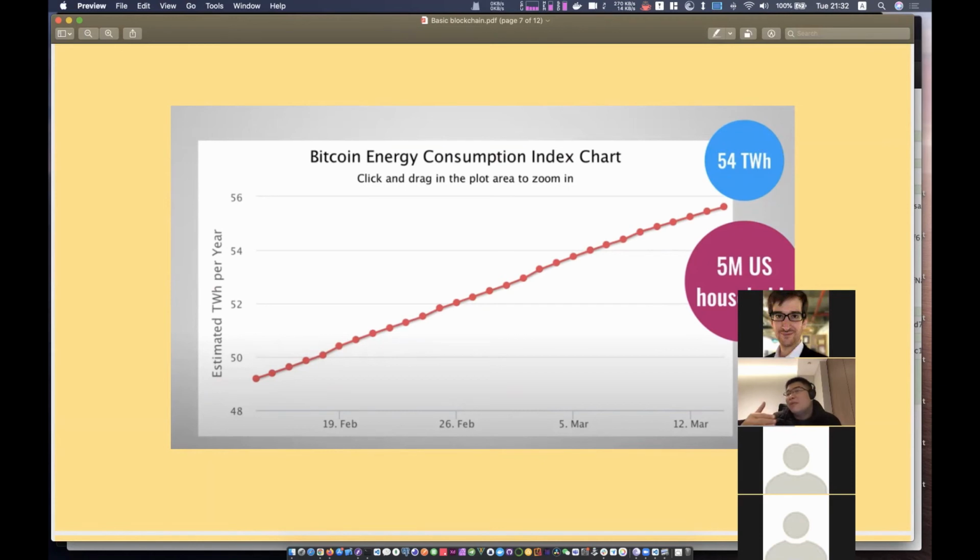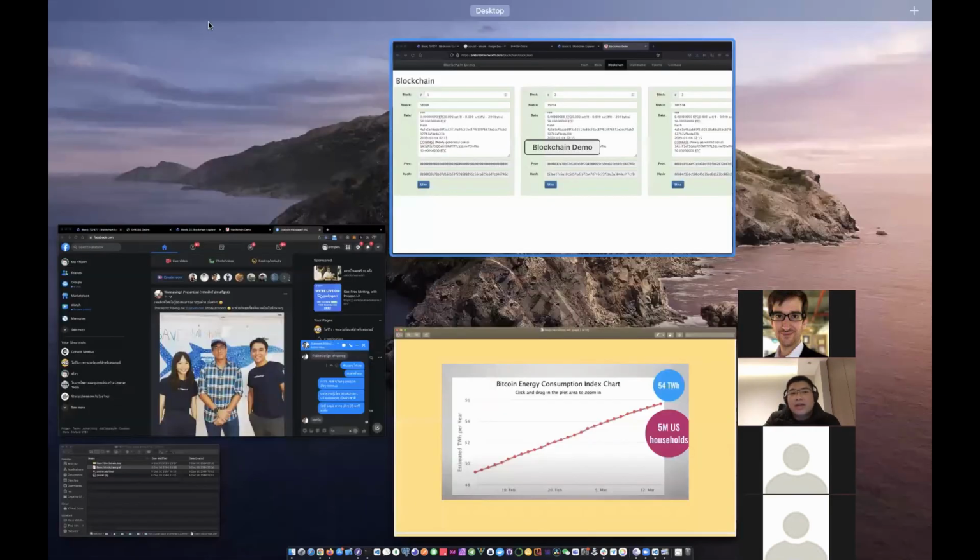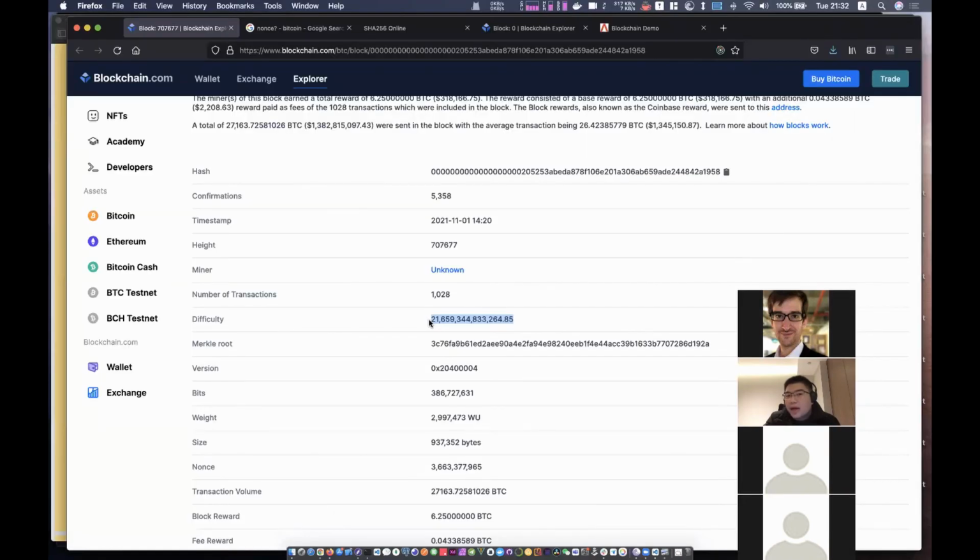And it can be more and more, because the difficulty of the block is going to get more difficult. Once they have more miner power, more better hardware like GPUs, the algorithm will increase the difficulty when you want to find the hash.